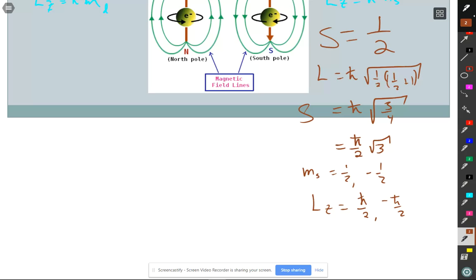Now we can also have particles that have spins that are integer multiples, that have spins of 0, 1, 2, 3. And if they have spins of 0, 1, 2, 3, what's the difference? Symmetric versus antisymmetric. And so Albert Einstein and Bose worked on the statistics.